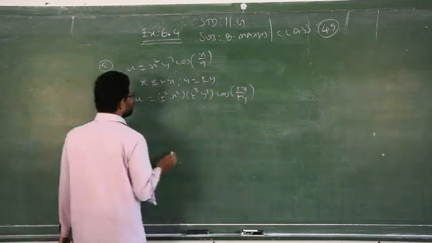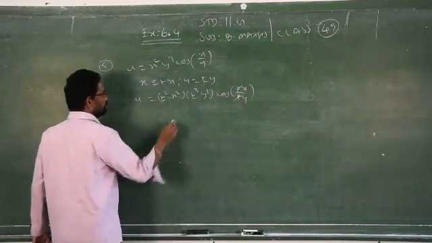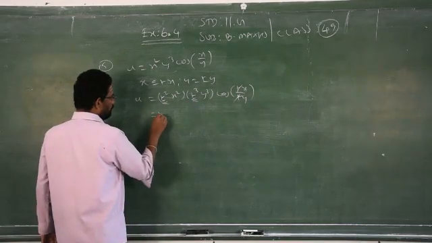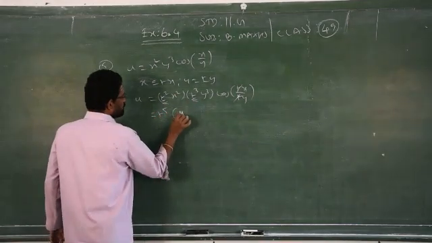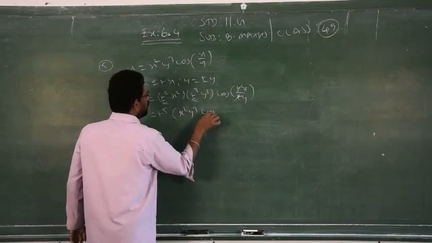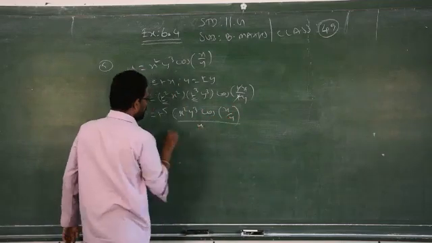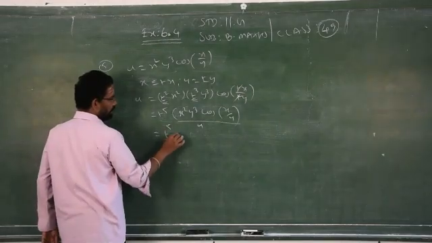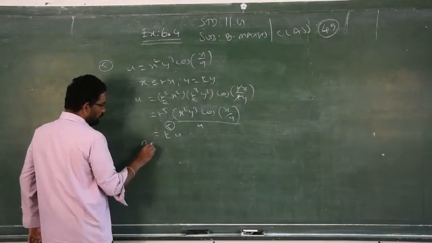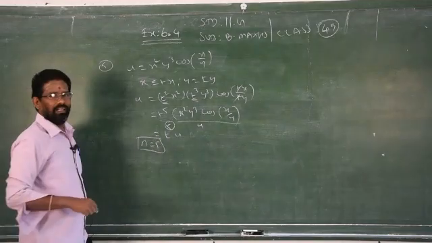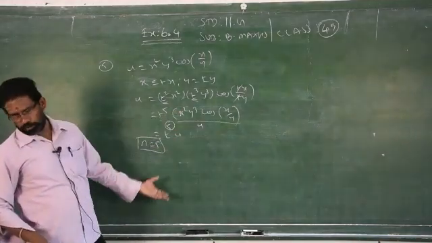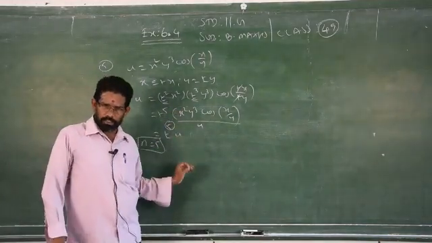So the t's get cancelled, but what is the power of t here? t⁵ x² y³ cos(x/y). So this is nothing but u. So t⁵ u. So what is the degree? Degree is 5. But actually these many steps are not required, but this is the procedure.